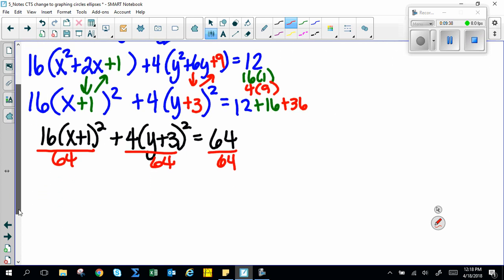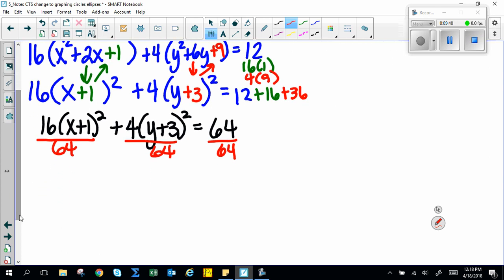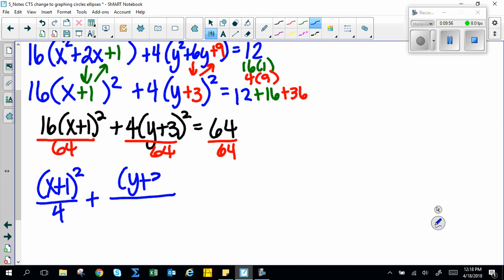So I need to reduce. 16 over 64 reduces to 1/4. Okay, so this will give me x plus 1 quantity squared over 4. And then what does 4 over 64 reduce to? 1 over 16. And then there's 1.